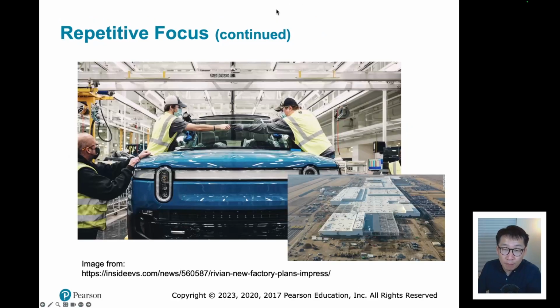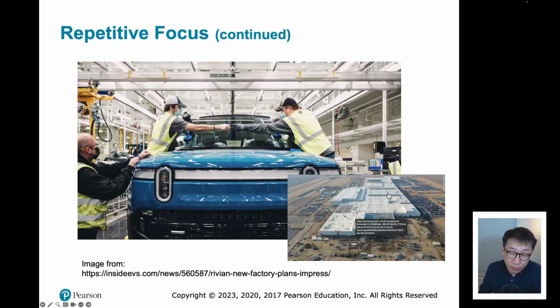One of the examples I can remind you of is vehicle manufacturing. The vehicle assembly process is also considered a repetitive process. If you look at their factory layout, you can see that this is a really long factory.